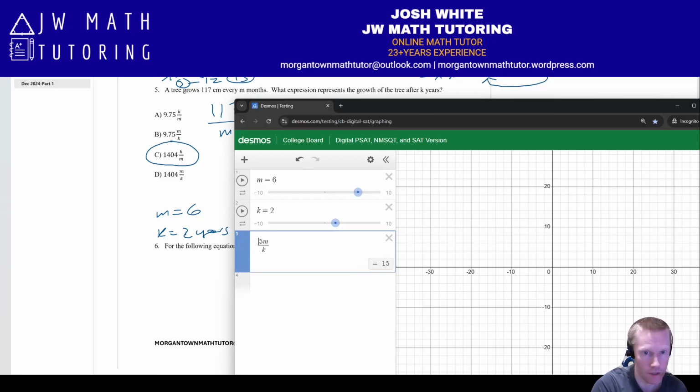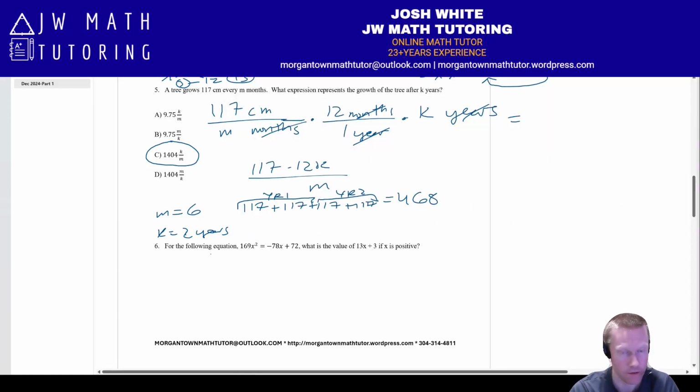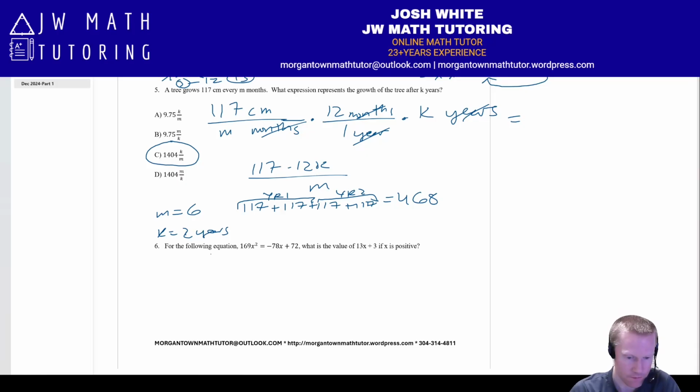All right, let's move on to C, 1404. This answer choice C has K on top, M on the bottom. Okay, this equals 468. That confirms it's the right answer, but you can also just check D, and you can see that D is not correct. 4214, way too big. Okay, so again, that's how you could use the strategy of picking numbers to solve this.